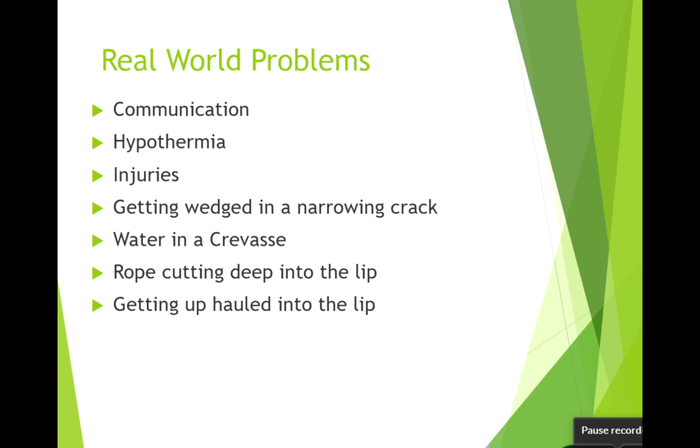And another thing that could potentially happen in that scenario is if you're hauling someone, you could pull them up into the lip of that crevasse. They can't go through it, but they're getting sort of crushed into it. And that could be a potentially difficult or dangerous situation for that person.